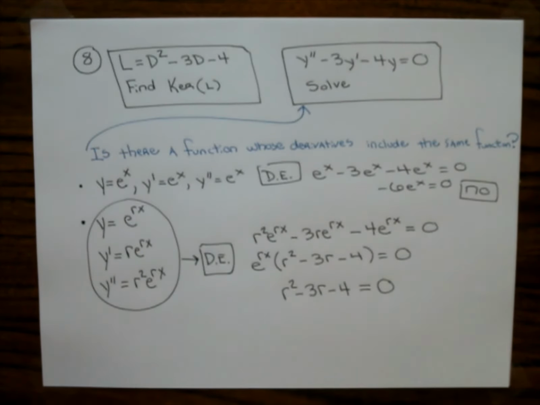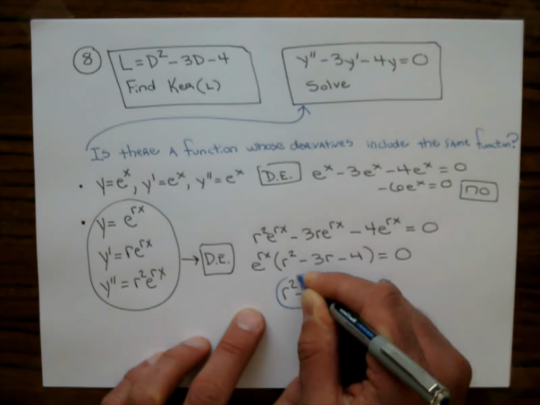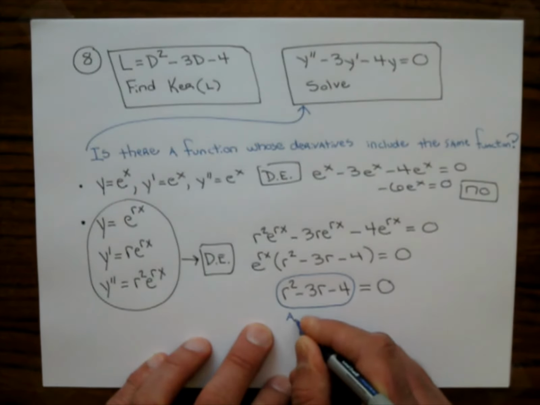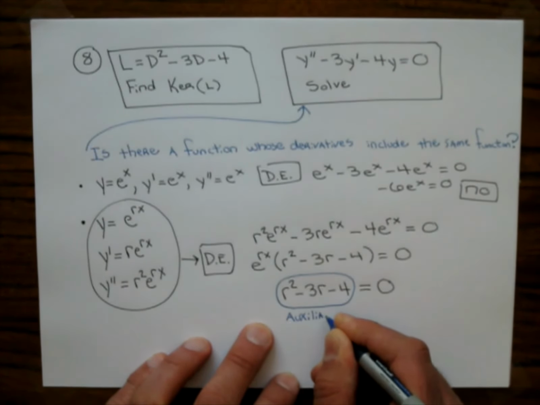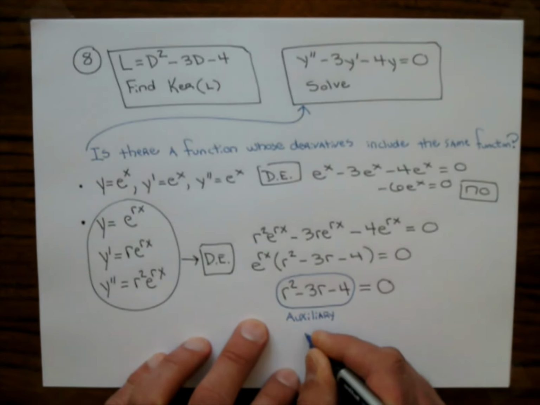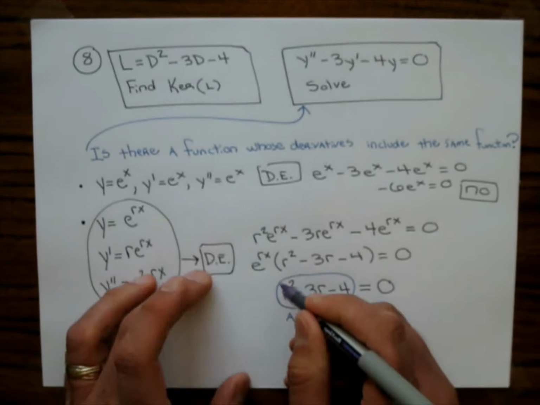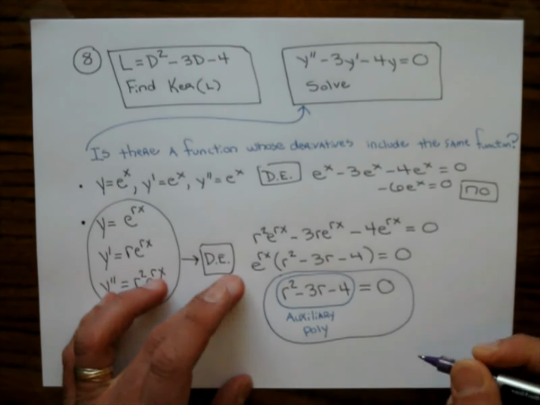Now this thing has a name. This polynomial is called the auxiliary polynomial. I always hate spelling that word, auxiliary. And any guesses on what this equation is called? I'll circle it in purple.